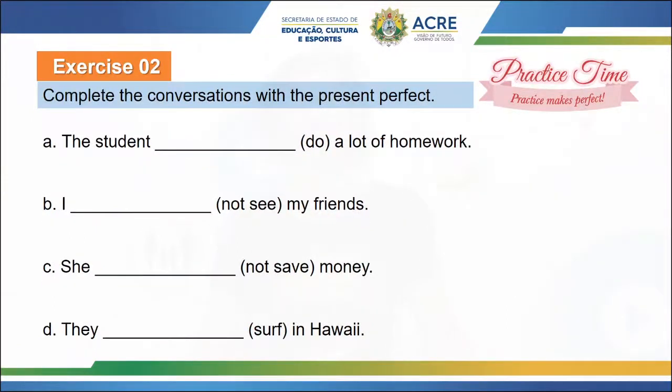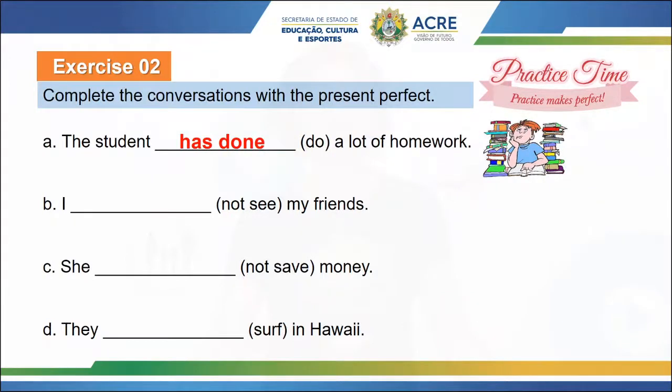Exercise 2. Complete the conversations with the present perfect. Remember, in affirmative form, we use have or has plus past participle. In negative form, we use hasn't or haven't plus past participle. Letter A. Think about it. Let's check. The student has done a lot of homework.